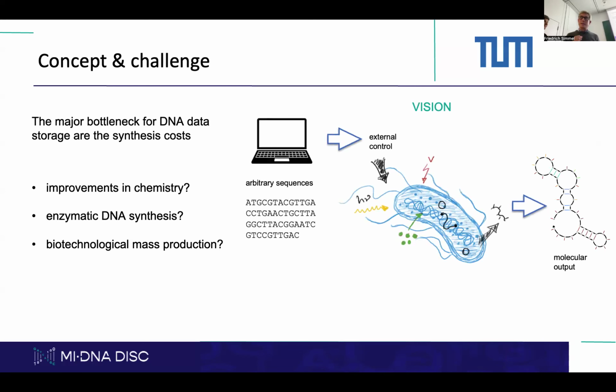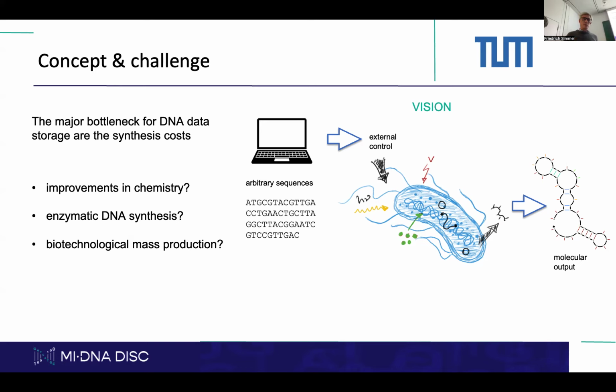Now, the question is whether we can generate a technology that can do that. The vision essentially is that you sit at your computer, you generate sequences that you like or need, and then there's a control unit that tells the bacteria to produce that DNA. There can be very different instantiations of that.